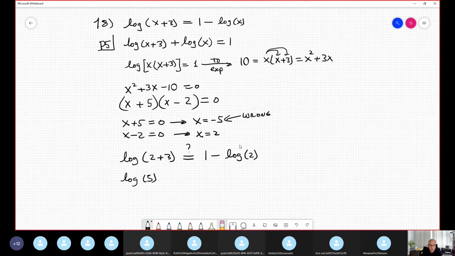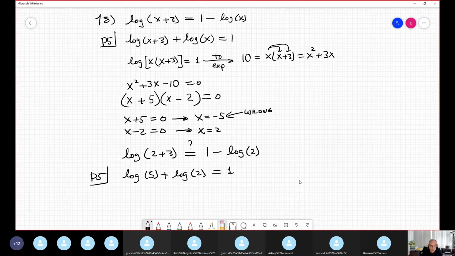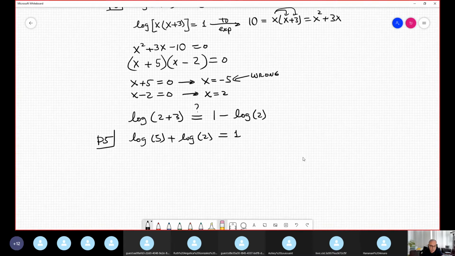So similar to the previous solution, I move minus logarithm of 2 to the right hand side, like a plus. Now you apply one more time the property 5, you condense. It is addition, so it is multiplication, so logarithm of 5 times 2 gets 10.